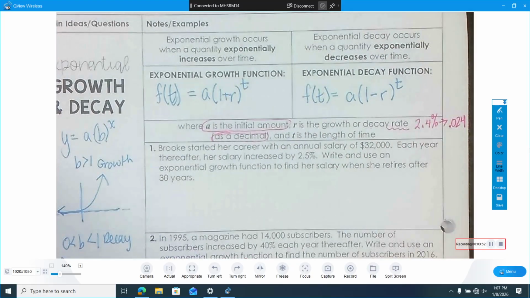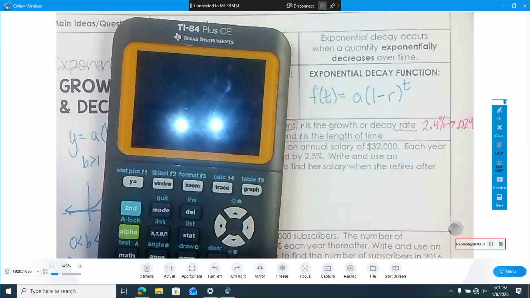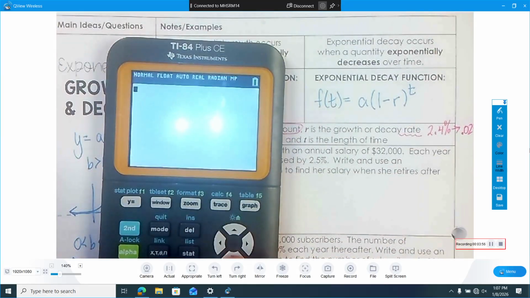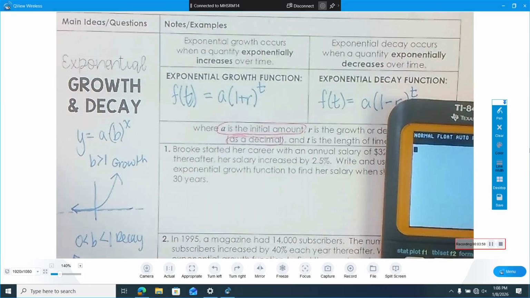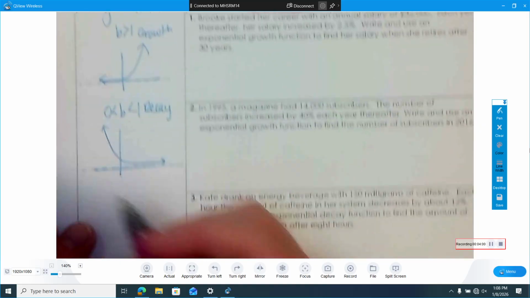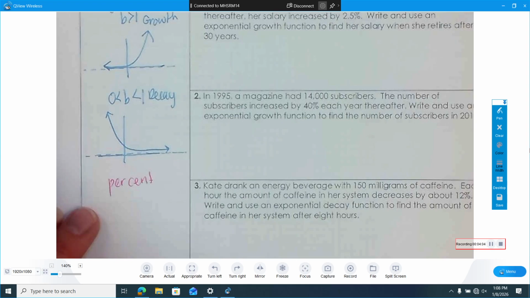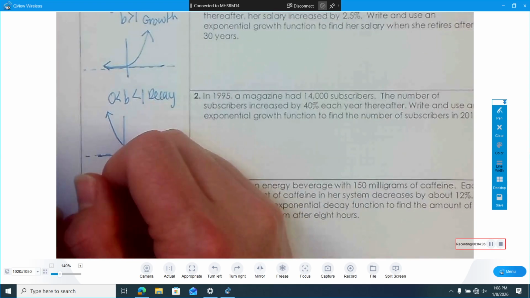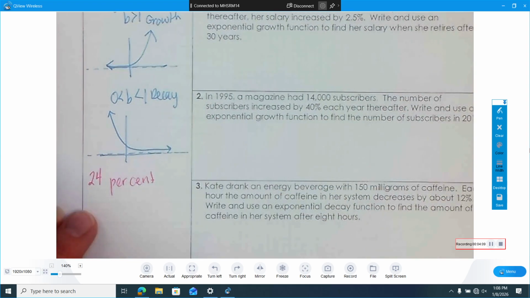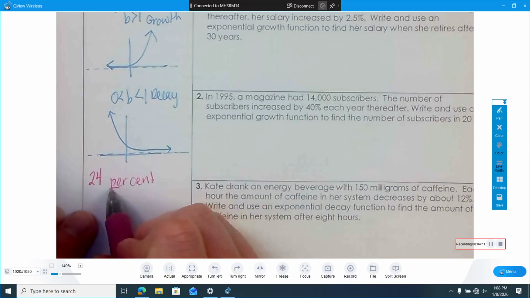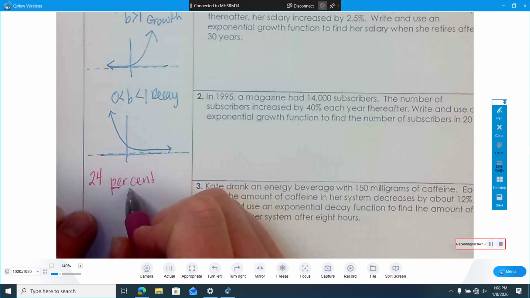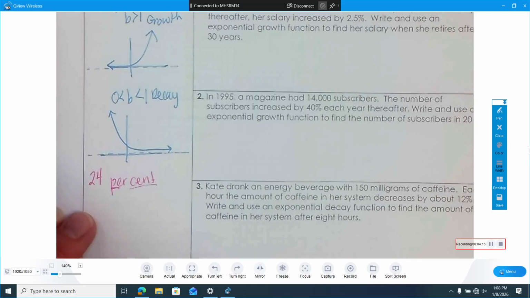0.024. Ladies and gentlemen, in case you can't remember that, I would like to point this out, which I point out every day in 8th grade math. Percent is 2 words, okay? When we have something like 24%, per tells you to divide. And cent, how many cents are in a buck? 100, okay?